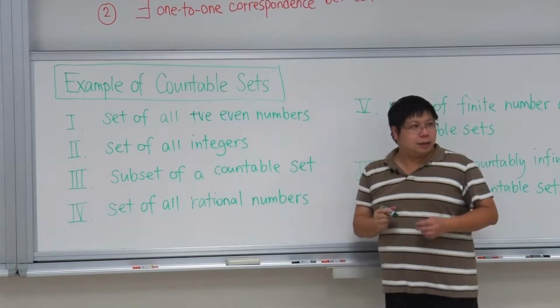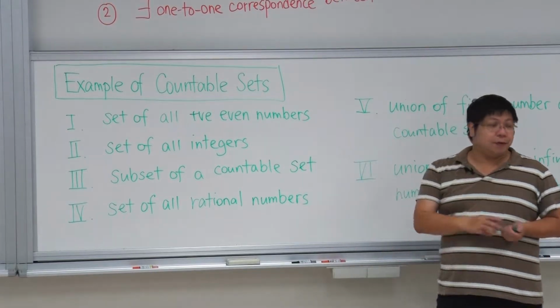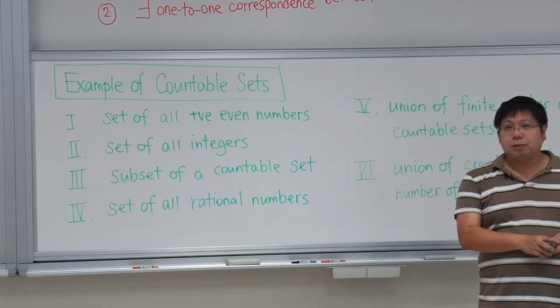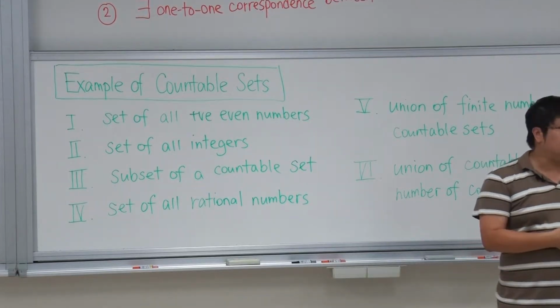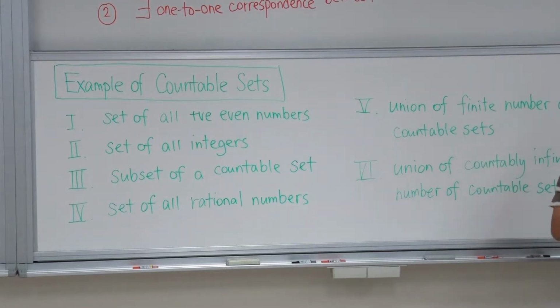This is not finite, right? The set of all positive even numbers is not finite. So to show that it is countable, we need to find a one-to-one correspondence between N and this set.